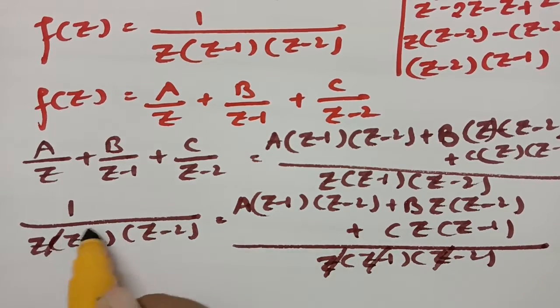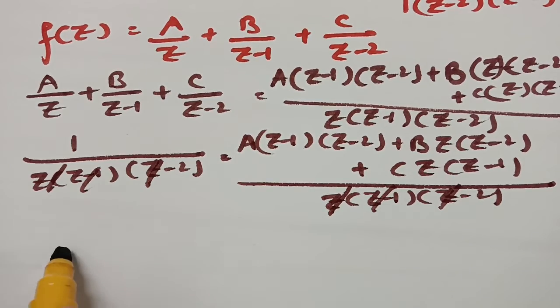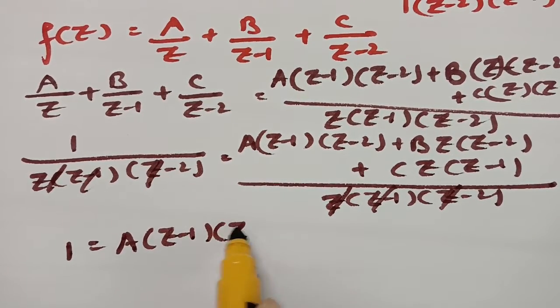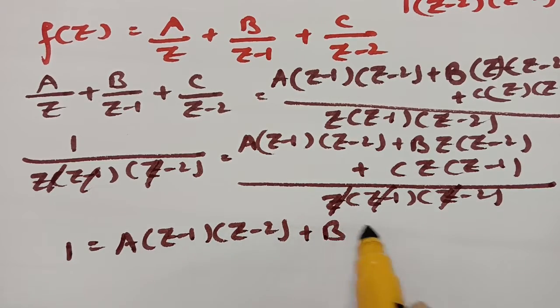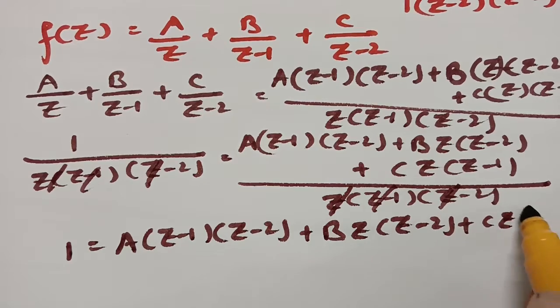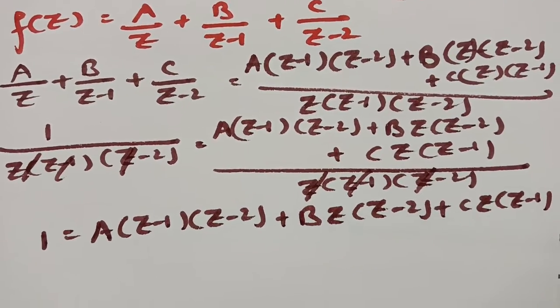If I cancel the denominator, what is the numerator here? On the LHS, this is 1. Therefore, 1 is equal to a times z minus 1 into z minus 2 plus b times z into z minus 2 plus c times z into z minus 1.